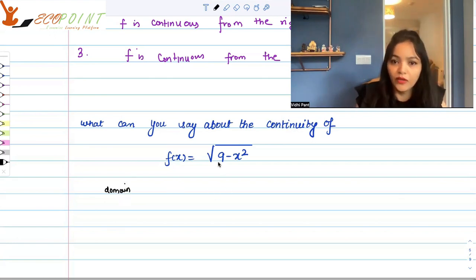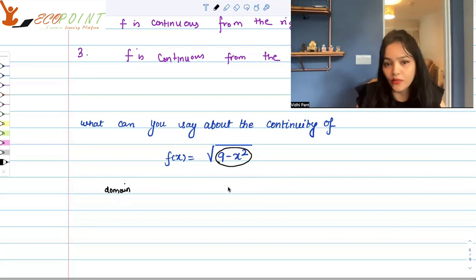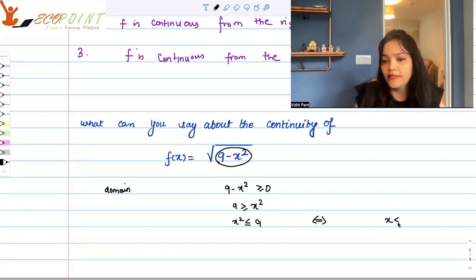Now, this function would be well defined when whatever is inside the square root is non-negative, right? Therefore, 9 is greater than or equal to x squared, or in other words, x squared is less than or equal to 9. And that will only happen when x is between -3 and 3.